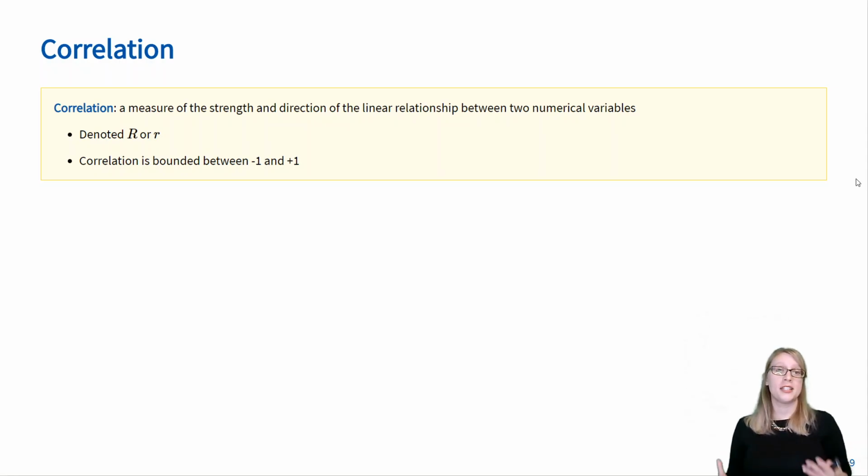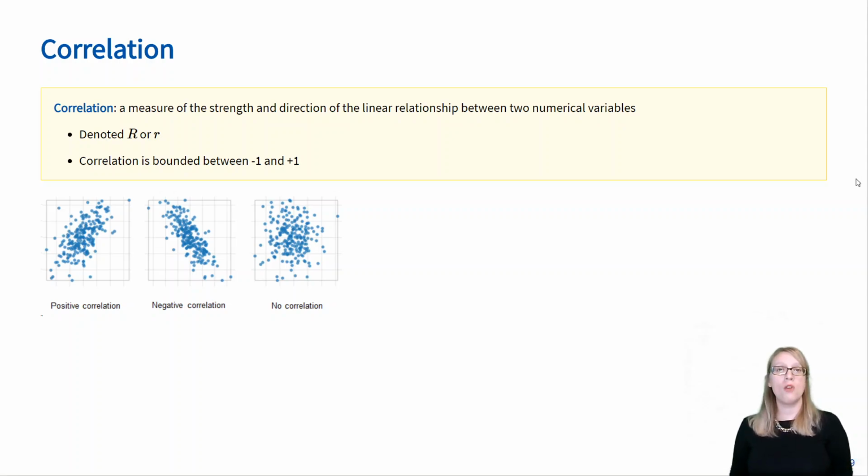So for us in statistics, correlation has a very particular meaning. We represent correlation with either an uppercase or lowercase letter r. Some references choose to use the uppercase, some use the lowercase. Correlation is what we will call a bounded measure. So it's defined on a narrow range between -1 and +1.